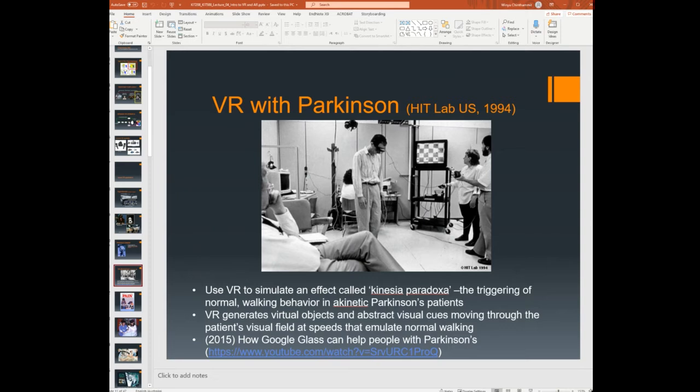Basically, it projects a chess checkerboard on the ground, allowing them to see a known pattern that helps a patient to walk on this patterned floor. They did a bit of a study there. In the early days of VR the headset was very limited, but at that time they still saw a difference.